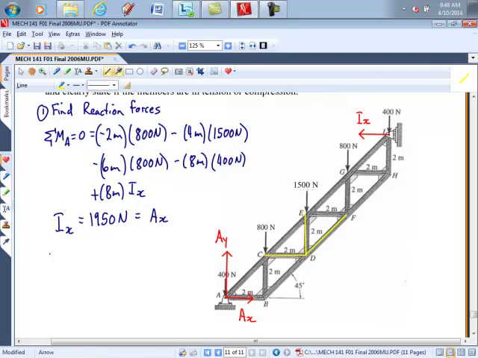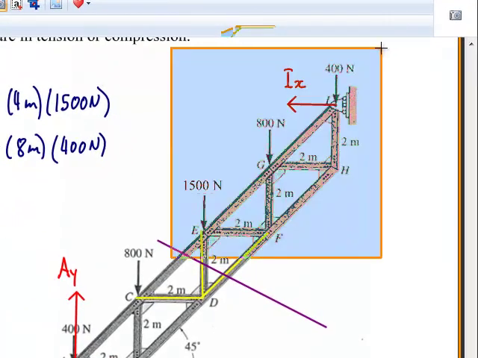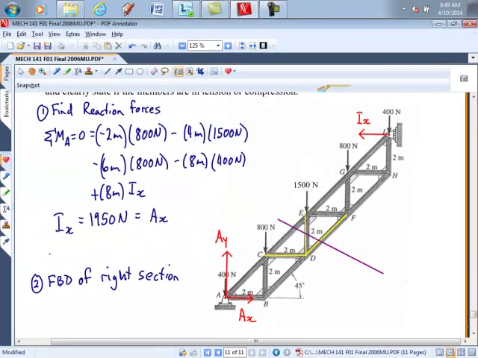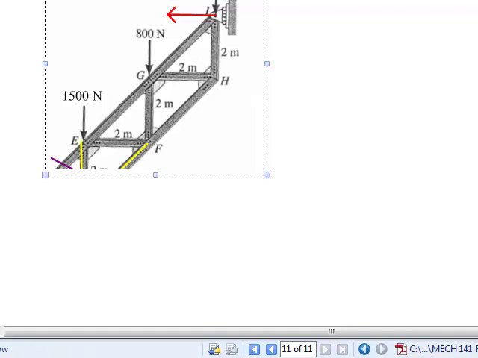So if we do our section cut through here, then my free body diagram looks like this.